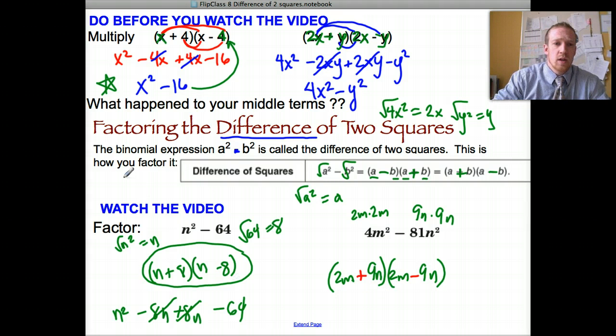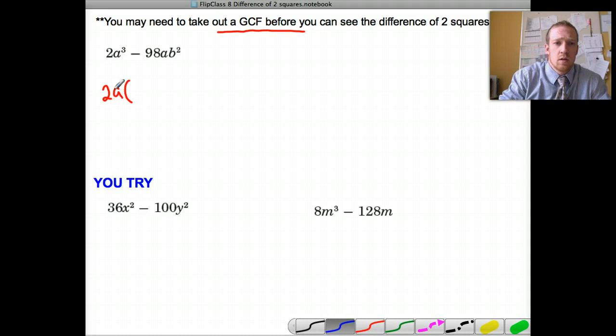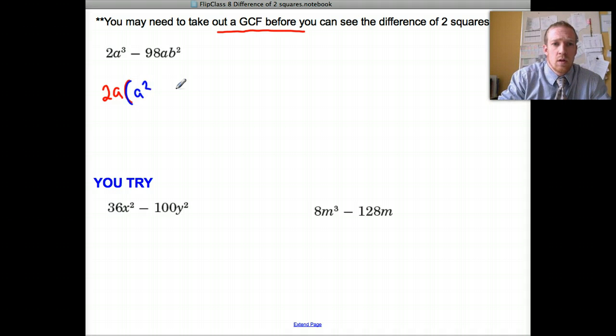Now the only thing that we might need to do is factor out a GCF. You always look for a GCF first anytime you're factoring anything. So with this one, I can factor out a 2. What else factors out? I can also factor an a out of both. And that leaves me with an a squared minus 49b squared.